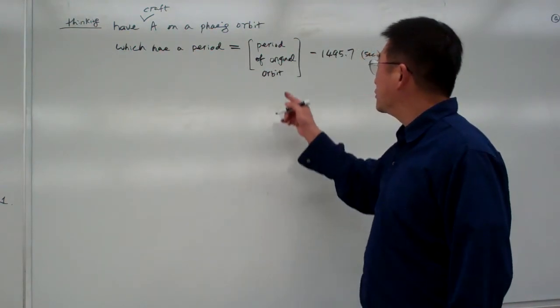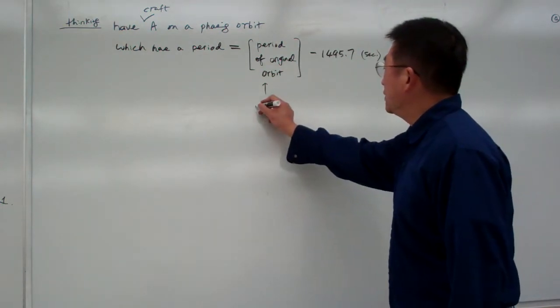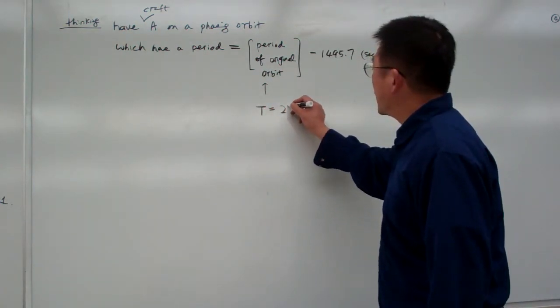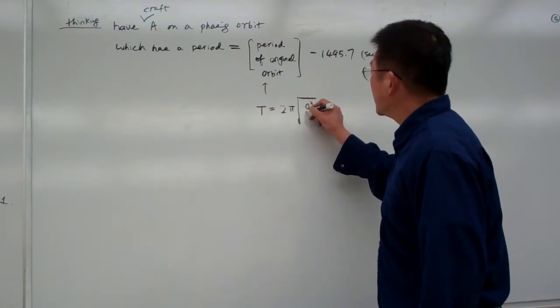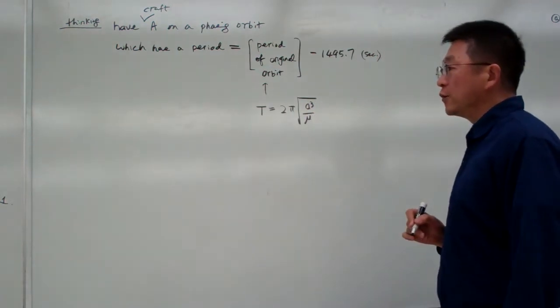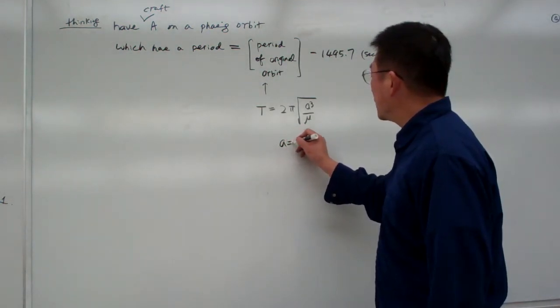So from here we need to know what this one is. The period T, we know, equals 2 pi square root of a cubed divided by mu, so that is our formula. For our original orbit, a equals how much?